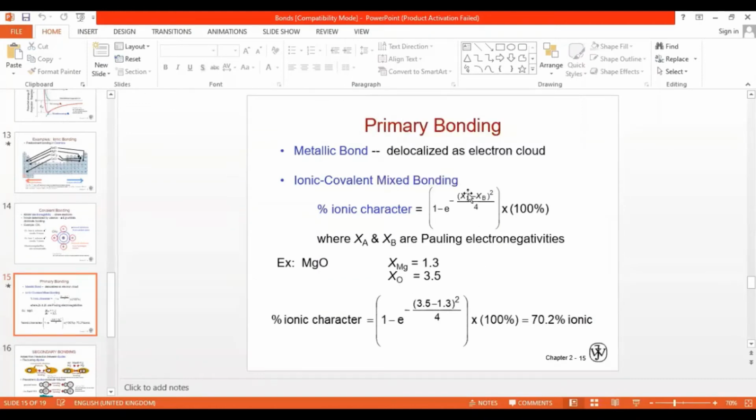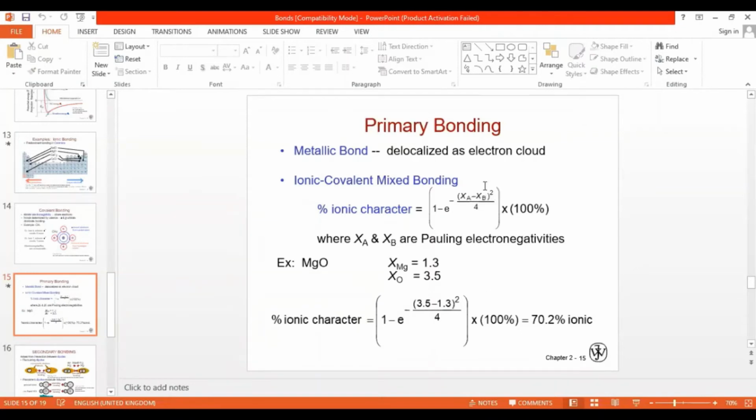Since it is a whole squared, whether you take xA as magnesium or as O doesn't matter. Even if you interchange these two, you get the same answer. You can put xA equal to 3.5 and xB equal to 1.3, or xA is 1.3 and xB is 3.5. It doesn't matter because it is a whole thing squared, so at the end that will be a positive value.